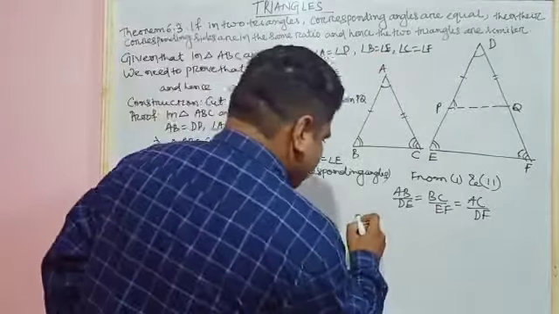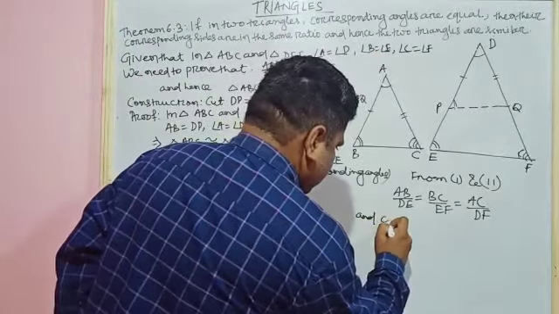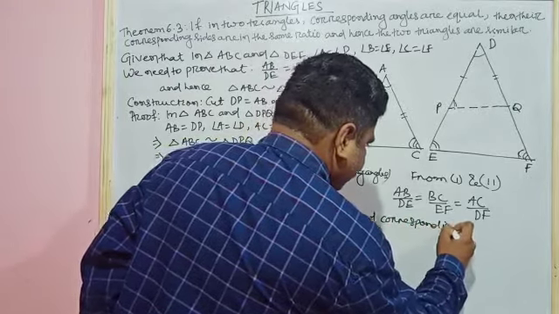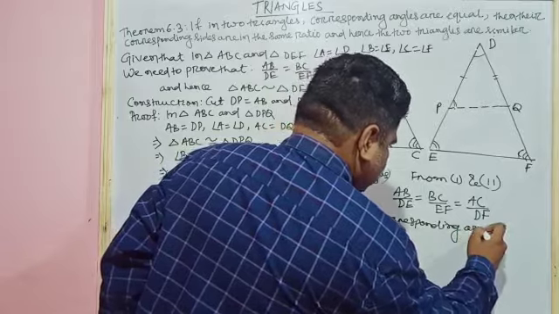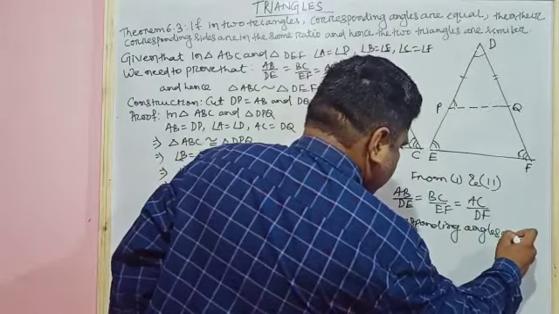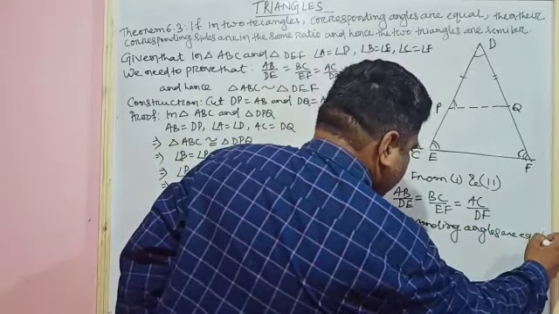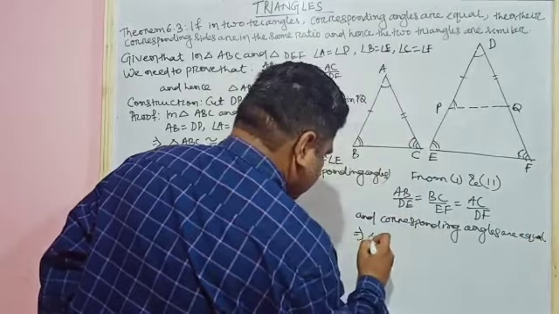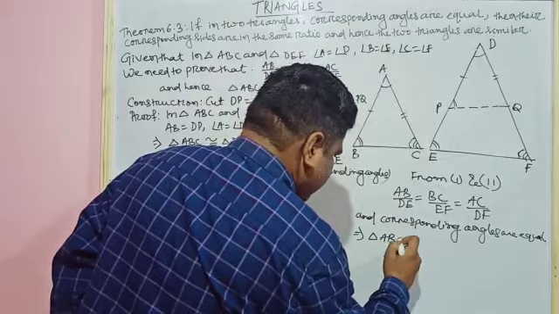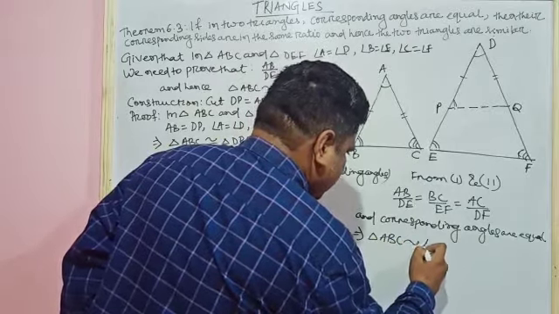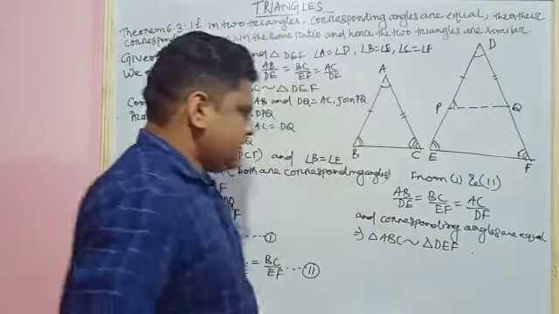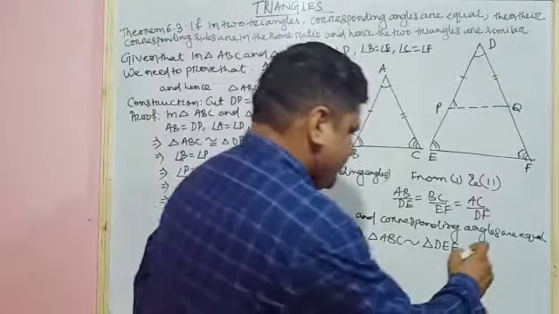So corresponding angles are equal, this implies that triangle ABC is similar to triangle DEF. It is proved.